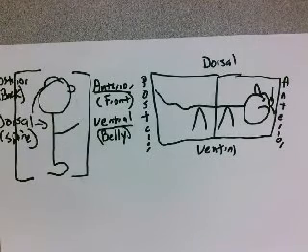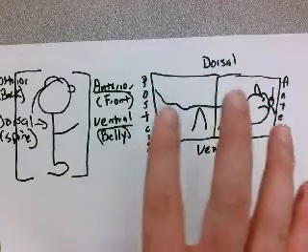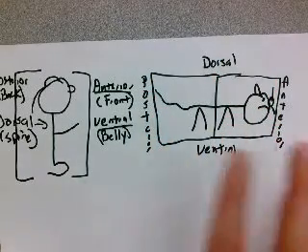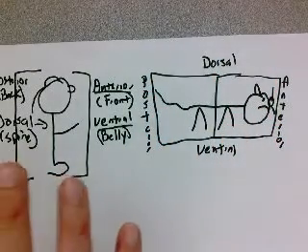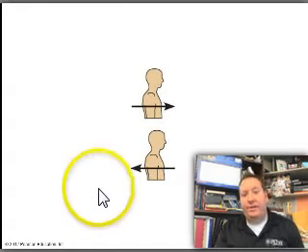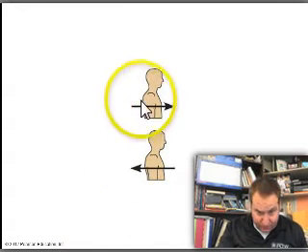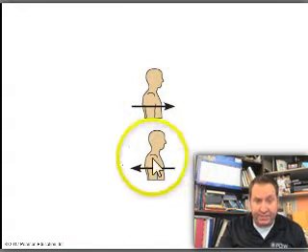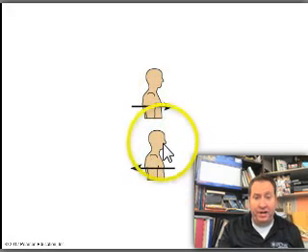Dorsal means spine side, ventral means belly side. So in a quadruped, this means something a little bit different in how we label these structures as compared to a human being when you're using these particular directional terms. So there's your anterior, ventral. This is your posterior and dorsal, how we would represent it on a human being.